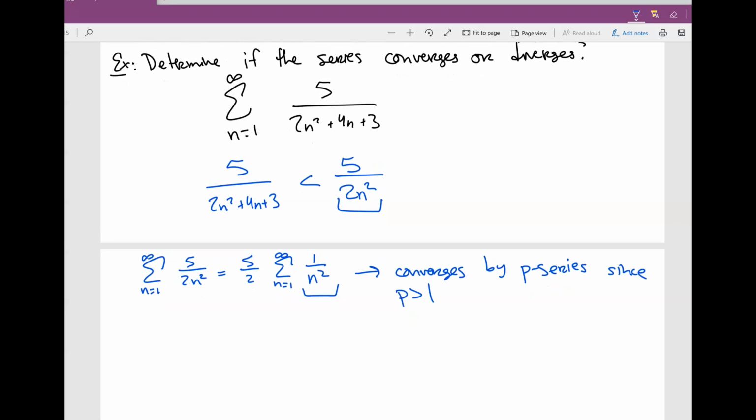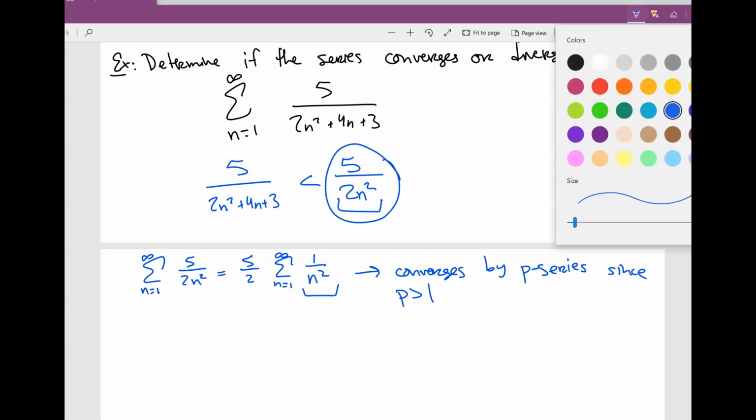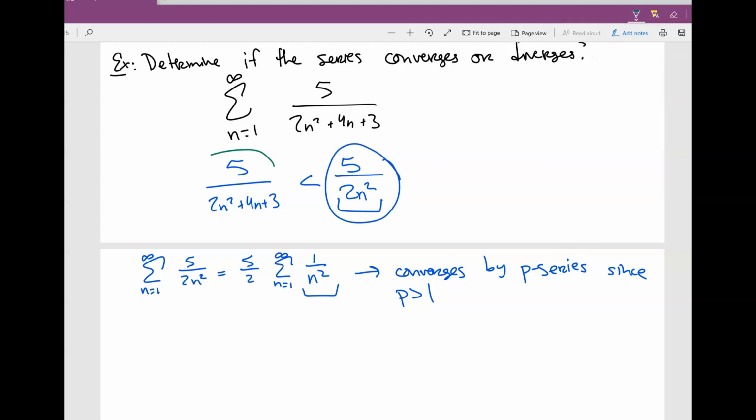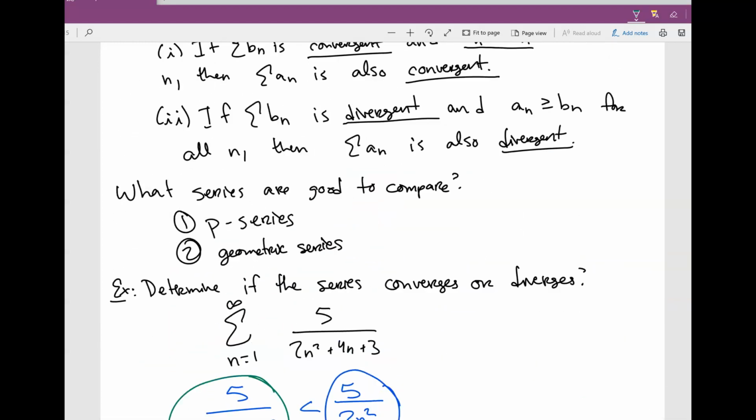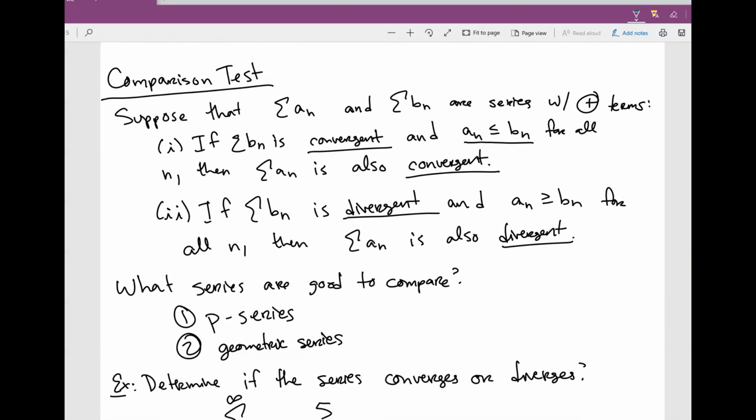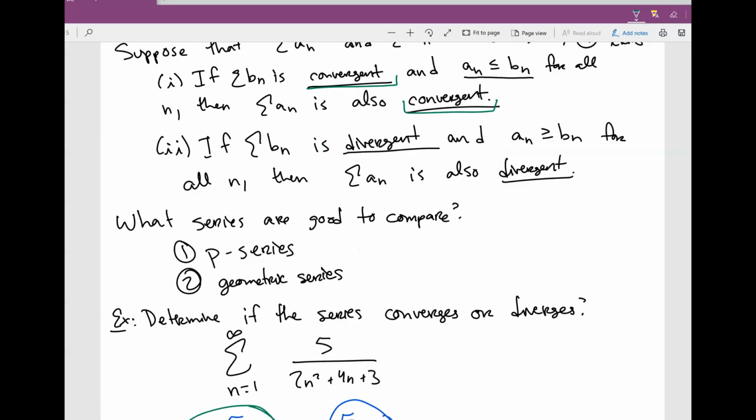Okay, so if this one converges, what does that tell me about my original series? Well, that means that this whole series is also going to converge. Remember that we said that if we can find some series b sub n such that it's greater than a sub n, and I know that this one is convergent, then that means that my original series is also convergent.